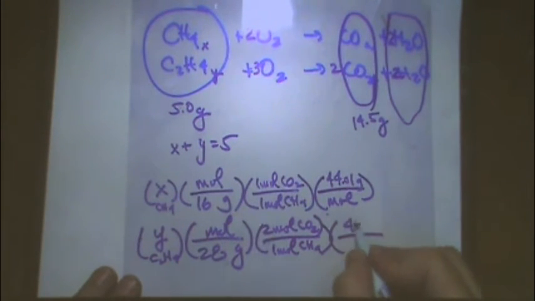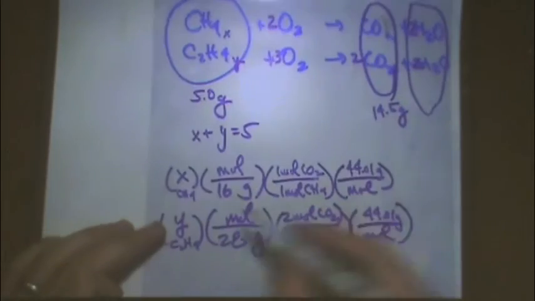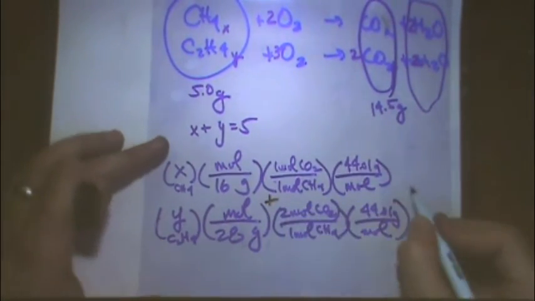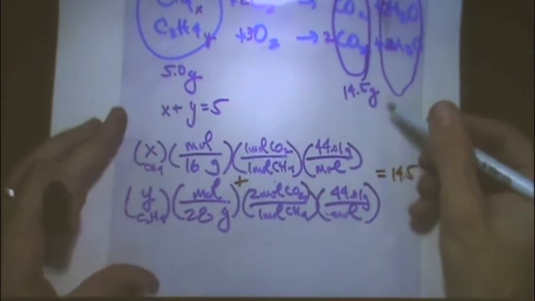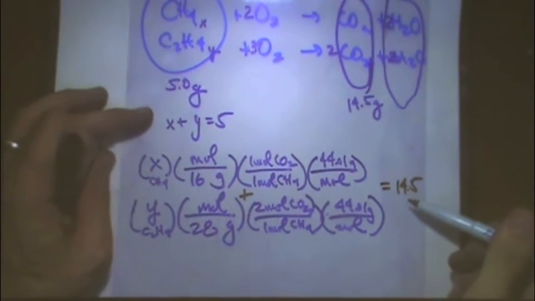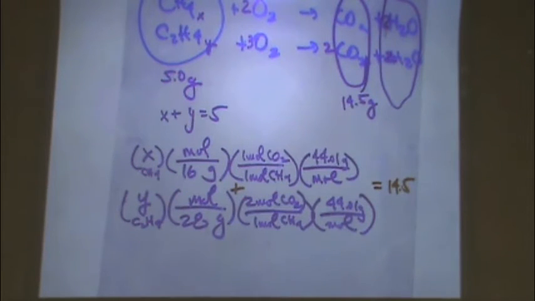And then this is again 44.01 grams per mole. Okay, now you're wondering why would I go through this mess? Because if I take these 2 quantities and I add them, it is 14.5. You see that? Now I have 2 equations and 2 unknowns. Solve. I'll leave the rest to you.